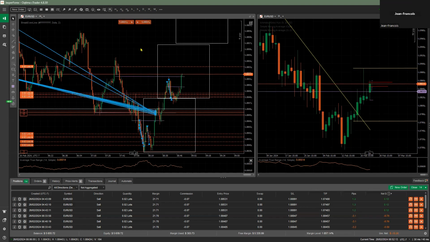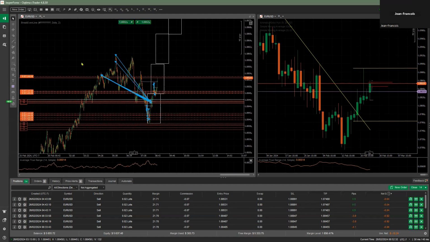All right, looking to your left, you're at resistance. Look at that. That's one of the original swing trades that I had.